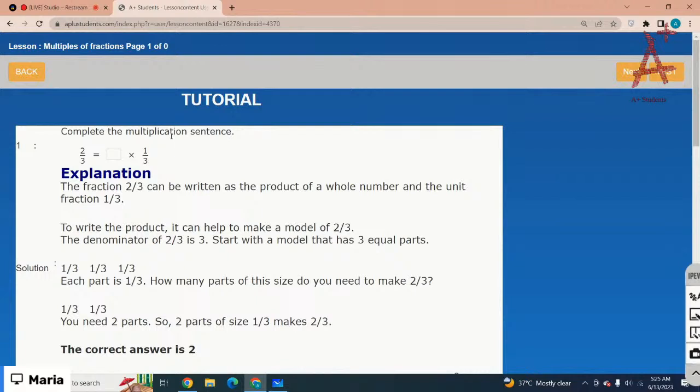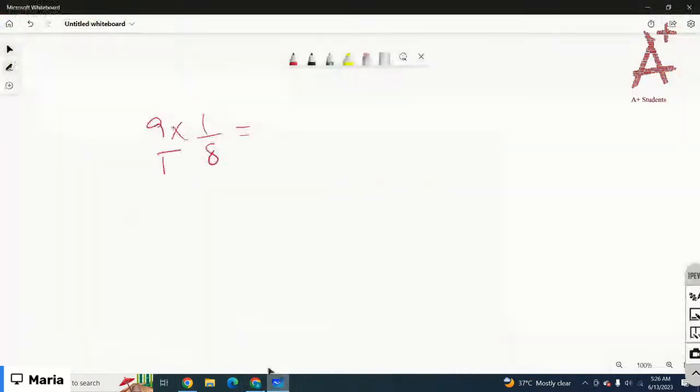Got it? So to write the product, it can help to make a model of 2 over 3. 2 over 3 means you have two parts of 1 by 3 and 1 by 3. You can write it as 2 times 1 over 3. That means the missing number would be 1 over 3. Just look at here. You are given 2 by 3.